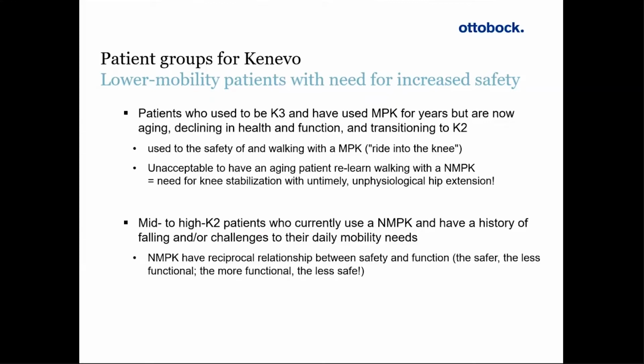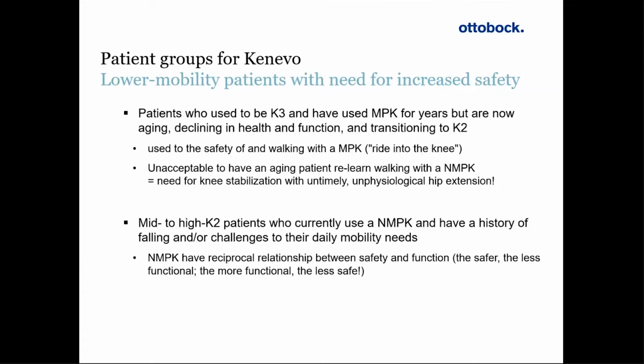A non-microprocessor hydraulic knee, for instance, supports a lot of function similar to a microprocessor knee, but it is much less safe because the patients need to have much more residual function, much more coordination and muscle strength to stabilize it and to prevent it from collapsing.